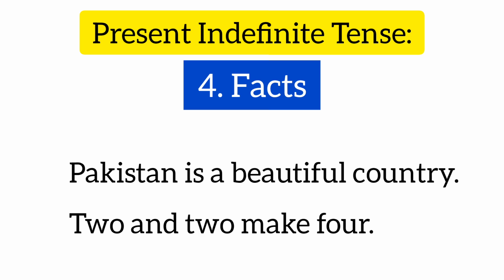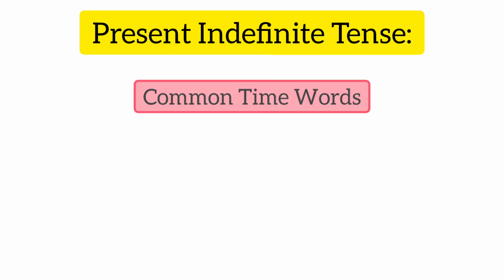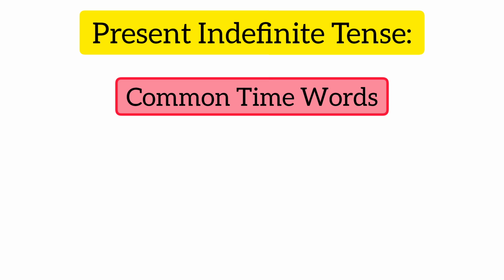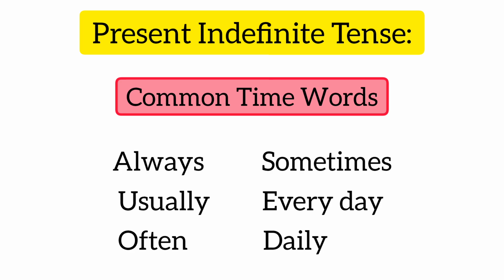Now, there are some common words that you have to remember. If you see such kind of words in a sentence, you will decide that this is present indefinite tense. These common words are called time words. These are always, usually, often, sometimes, every day and daily.